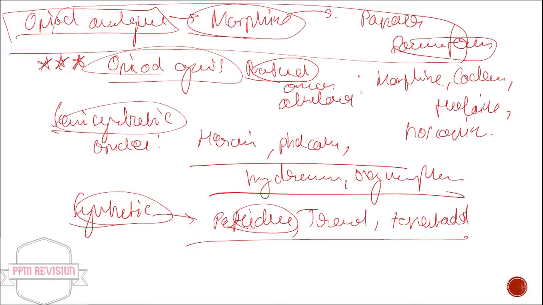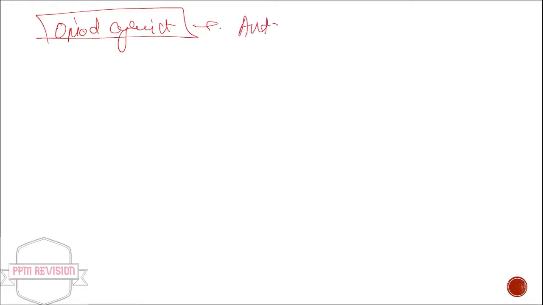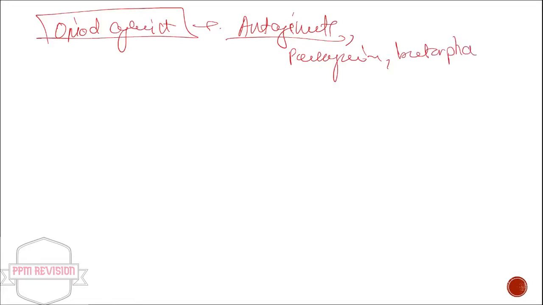Let's go further. Since all of you would have already revised the notes provided, I think I'll just go fast. So opioid agonist-antagonists, there is pentazocine, butorphanol.